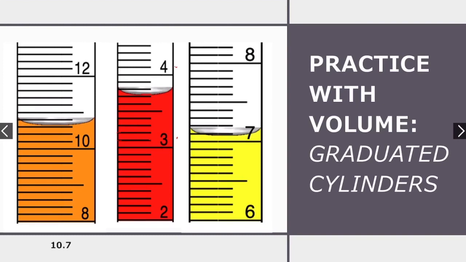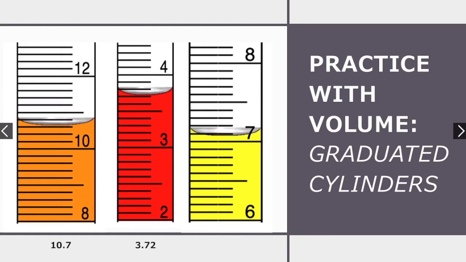So let's say 1, 2, 3, 4, 5, 0.5, so 3.5, 0.6, 0.7, so 3.7. And now since these are going up by 0.1, if I were to envision 10 more divisions in between there, then it looks like that might be 2. So 3.72 would be my estimate, or my measurement, for that one.